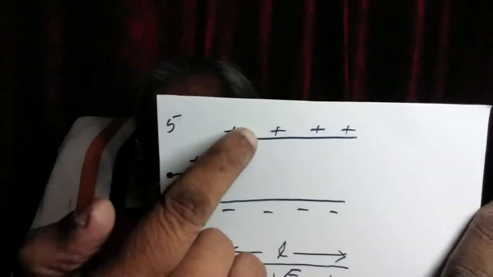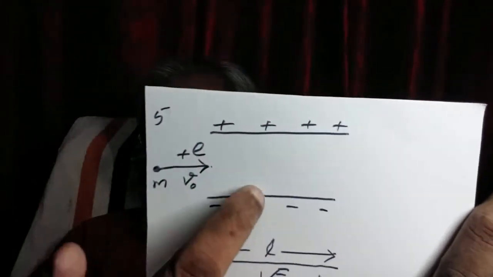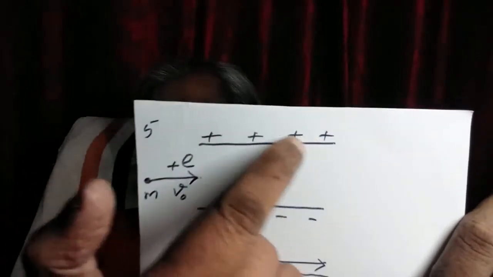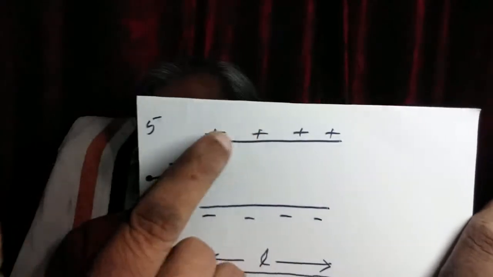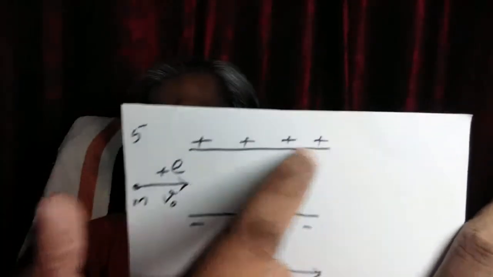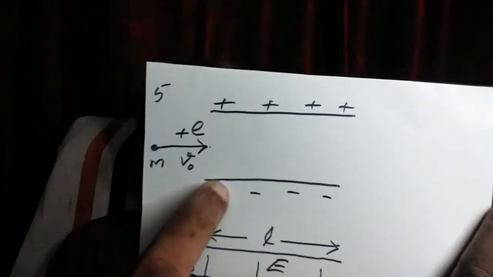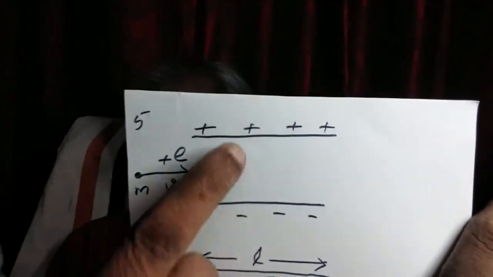Another question. These are two parallel plates charged with opposite electricity. This is bearing positive charge and this is bearing negative charge, equal in magnitude. So surface density of charge is sigma.